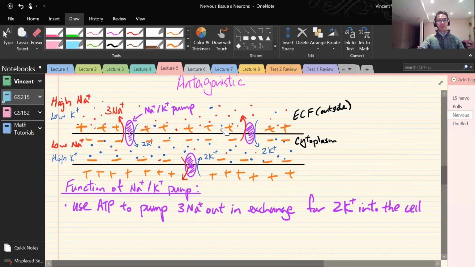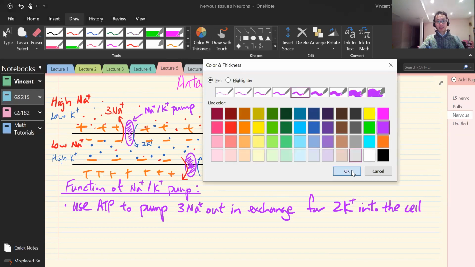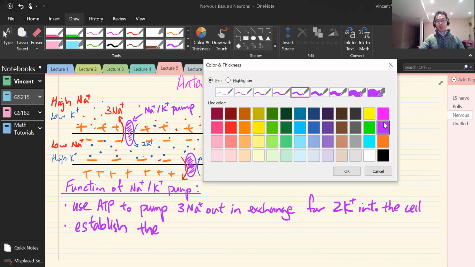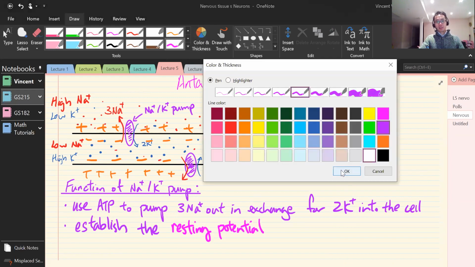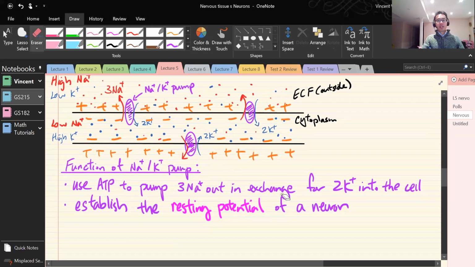So the function of the sodium potassium pump is this, and what ends up happening is it establishes here's a special word, the resting potential of a neuron. What is a potential?